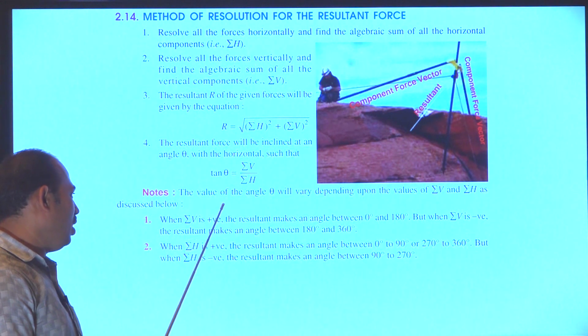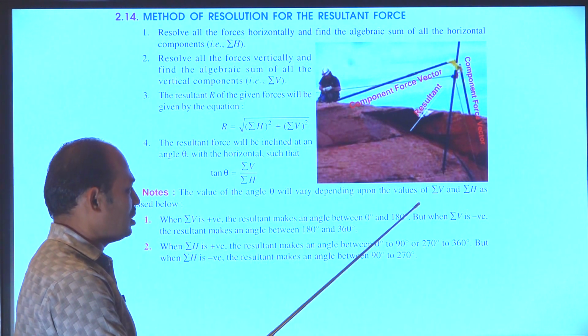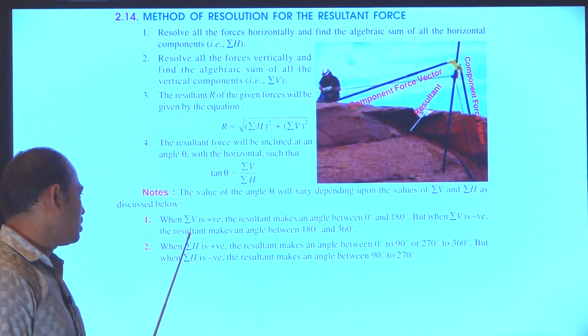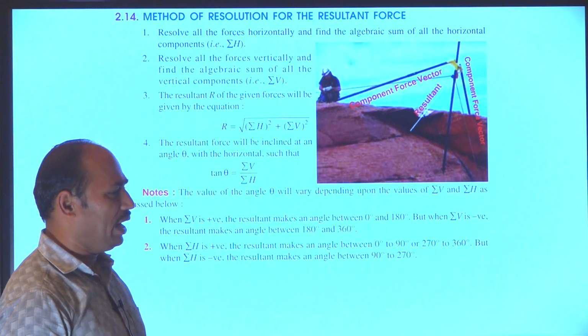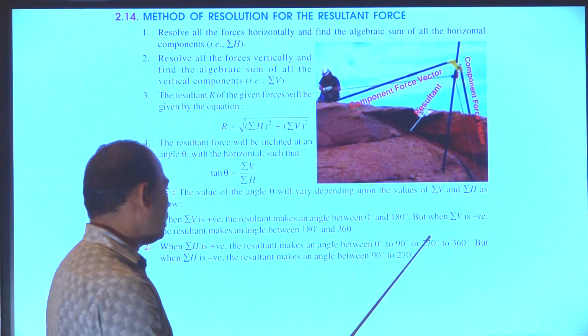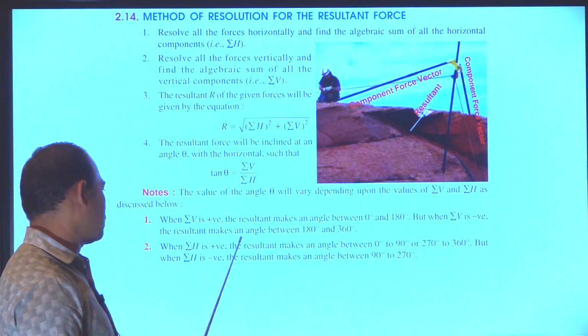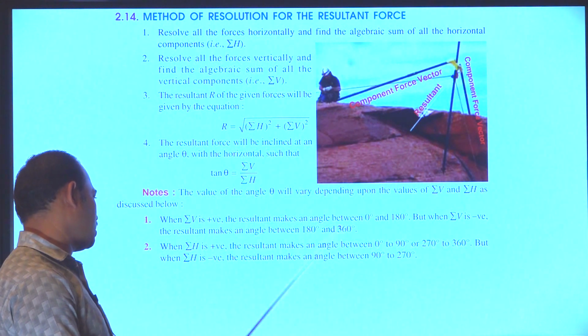Note, the value of the angle theta will vary depending upon the signs of summation V and summation H. When summation of V is positive, the resultant makes an angle between 0 degree and 180 degree. When summation of V is negative, the resultant makes an angle between 180 degree and 360 degree.